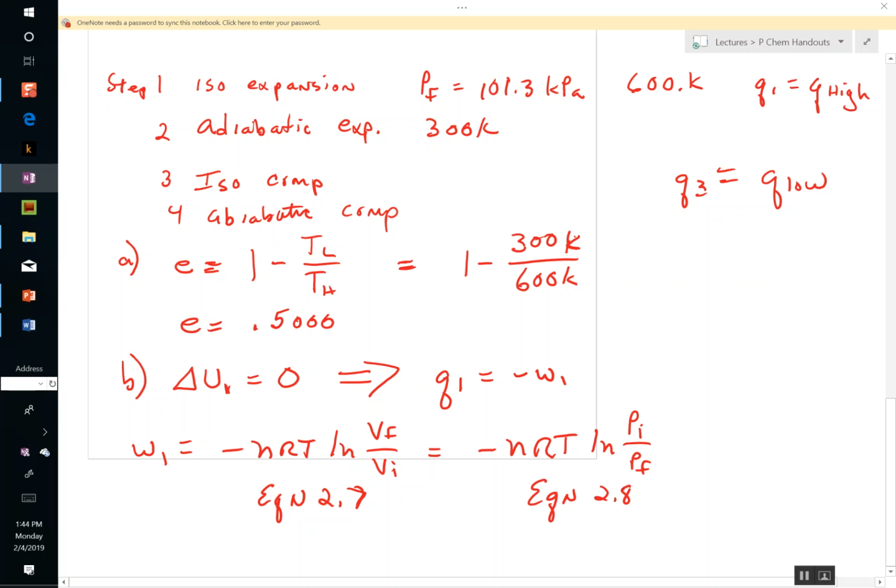And you can calculate work from there, which, the negative of that, is going to equal Q1.